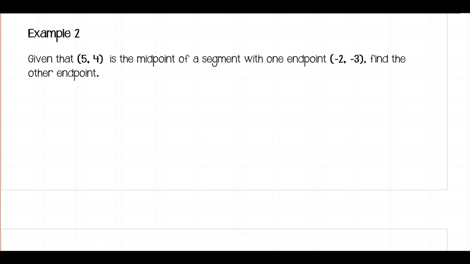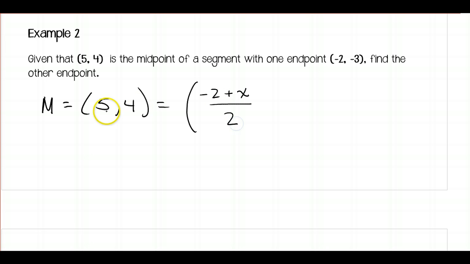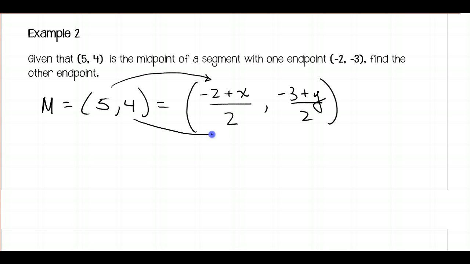Alright, so example 2, given that 5, 4 is the midpoint of a segment with one endpoint, -2, -3, find the other endpoint. So now I know that the midpoint is 5, 4, and I know that one of the endpoints is -2, so -2 plus whatever that x value is divided by 2 should give me 5, and -3 plus my y value divided by 2 should give me 4. So I can set up two simple equations here.